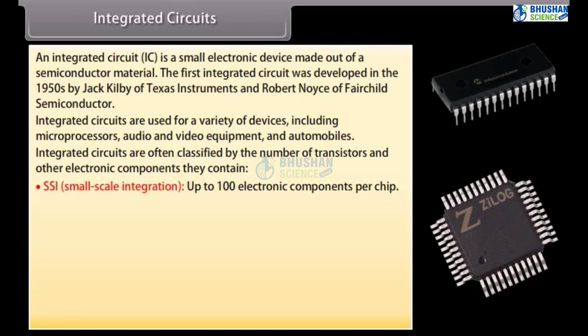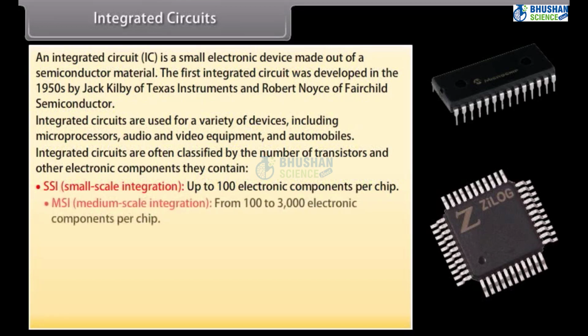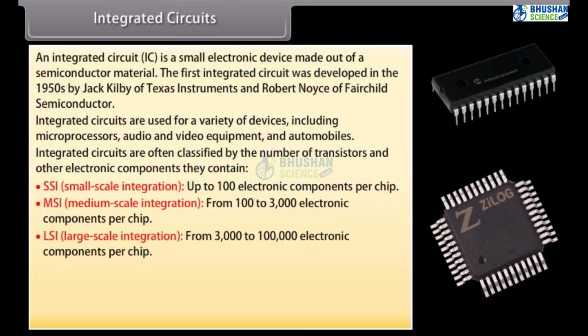SSI, small-scale integration, up to 100 electronic components per chip. MSI, medium-scale integration, from 100 to 3000 electronic components per chip. LSI, large-scale integration, from 3000 to 1 lakh electronic components per chip.